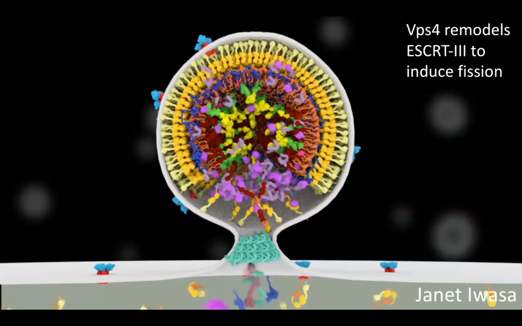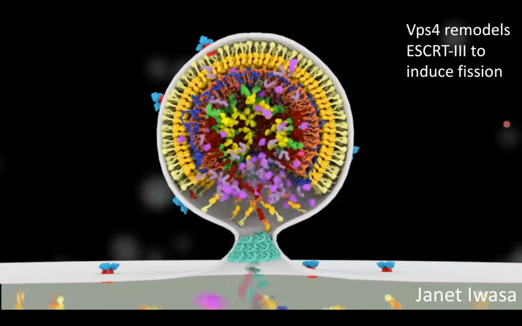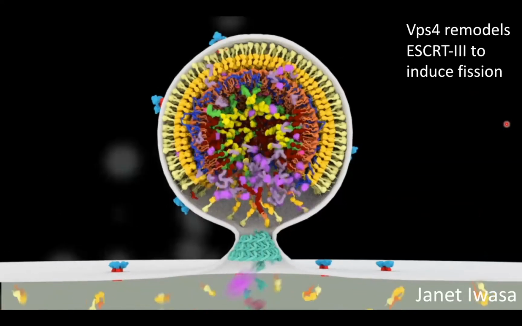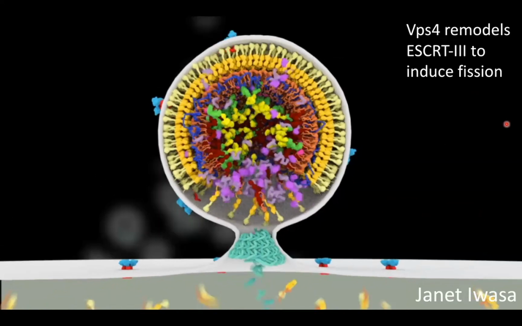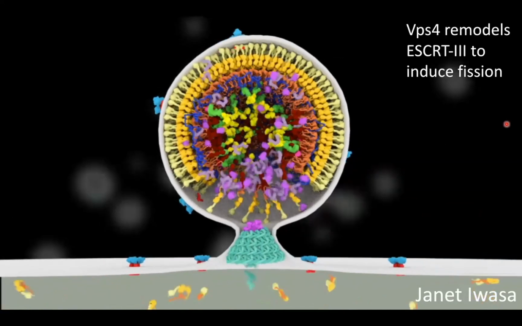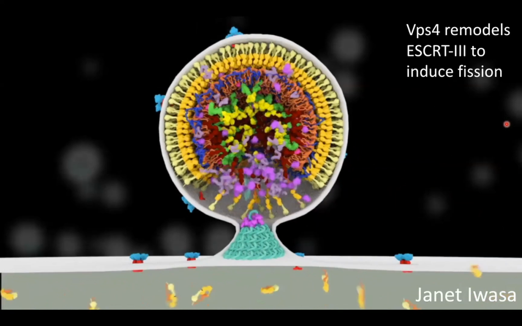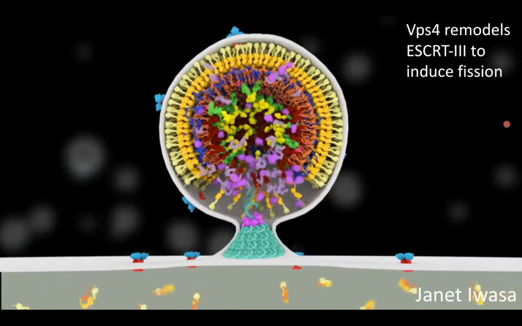Okay, let's go back to thinking about VPS4. The ESCRT3 recruits VPS4, which then acts upon the ESCRT3 to unfold it. In this representation, I'm showing the VPS4 discharging ESCRT3 into the lumen of the virus particle. That probably is not actually what's going on, but it was a convenient place to put the VPS4 so you could see it in this representation.